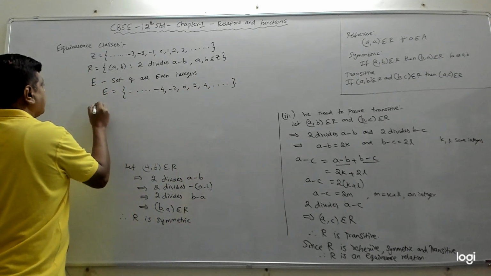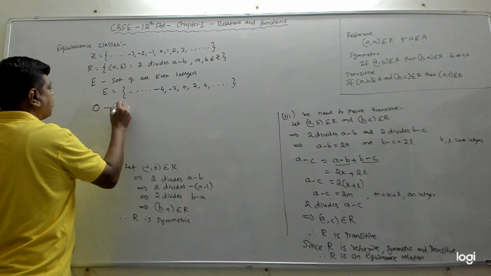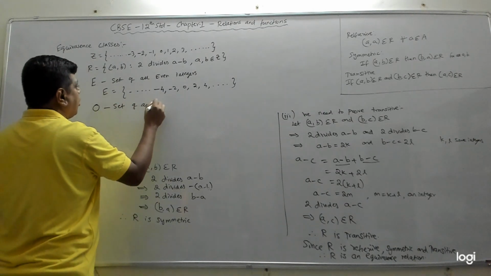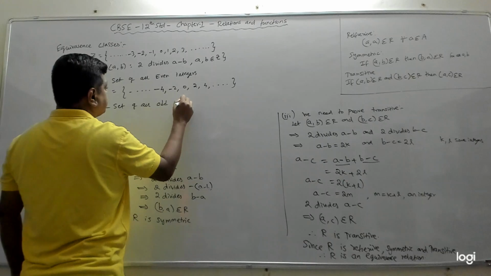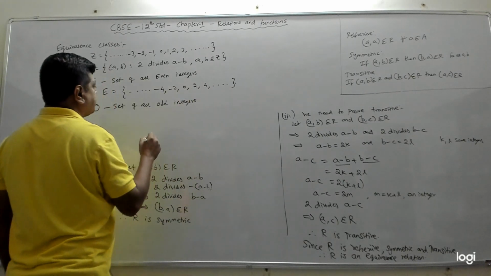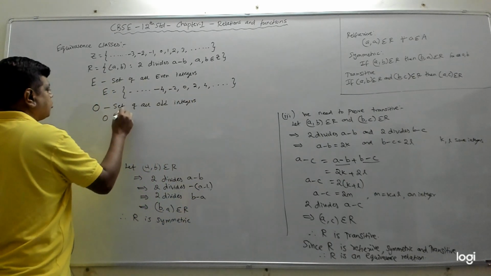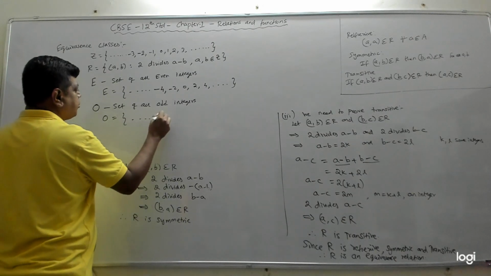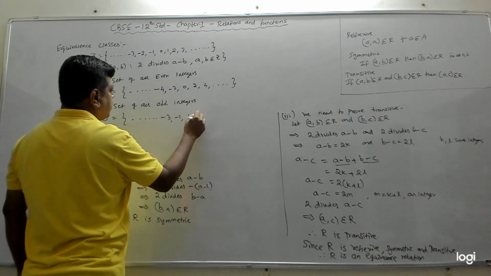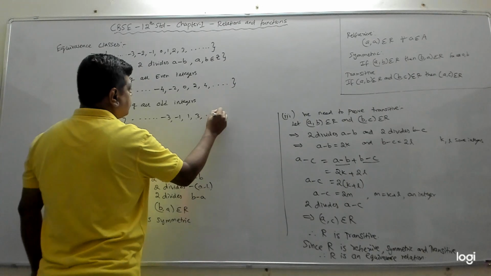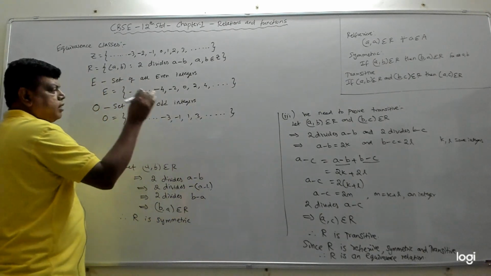Now suppose we have O, another set, the set of all odd integers. Then what is our O set? O is equal to dot dot, minus 3, minus 1, 1, 3, and it goes on. It will be 5 here, minus 5, and it goes on.